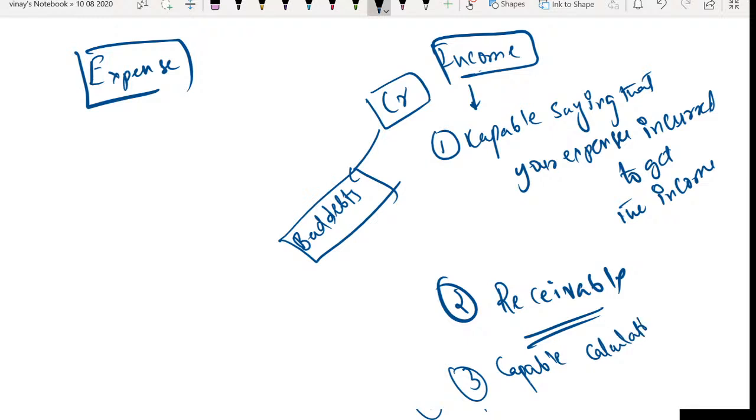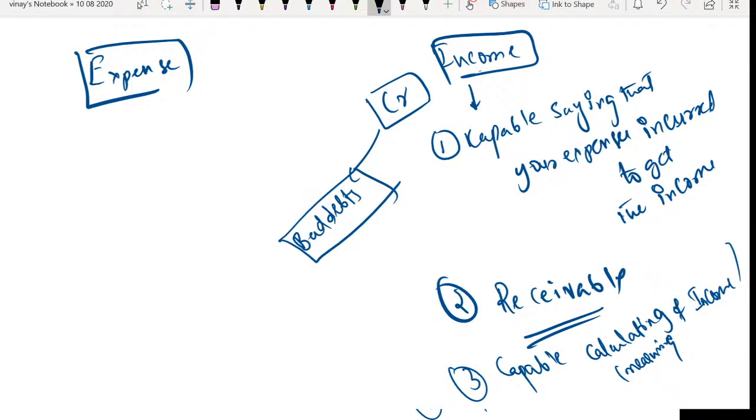calculating, or measuring, your income, your revenue. I'm just using the word income. For example, you say that I can sell my calculator, but I don't know what amount I'm going to get.